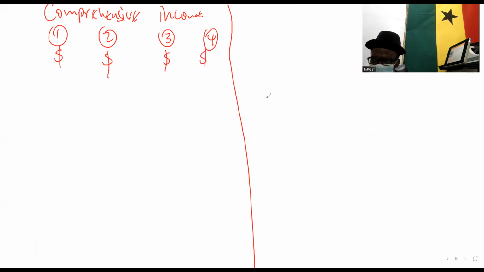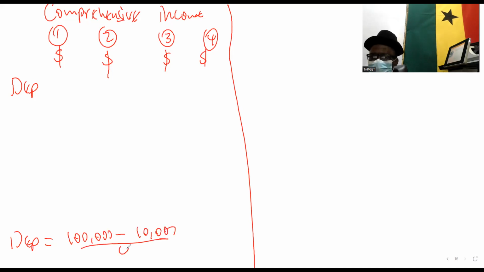on the original. So depreciation will be, let me do it here, depreciation. It's equal to 100,000 minus 10,000 over 4 years. What do you get? 22,500. Yes, I'll take that.